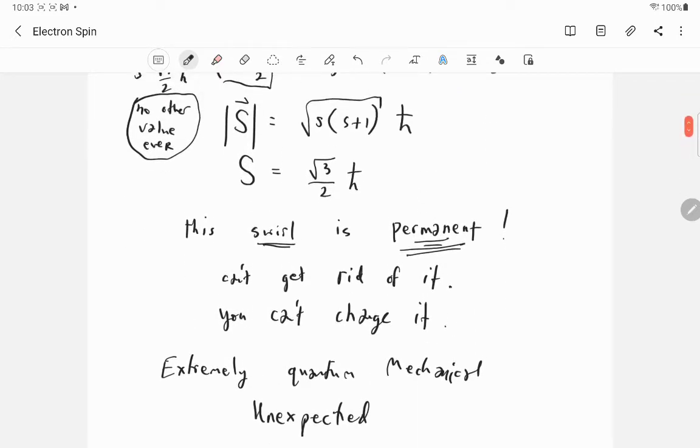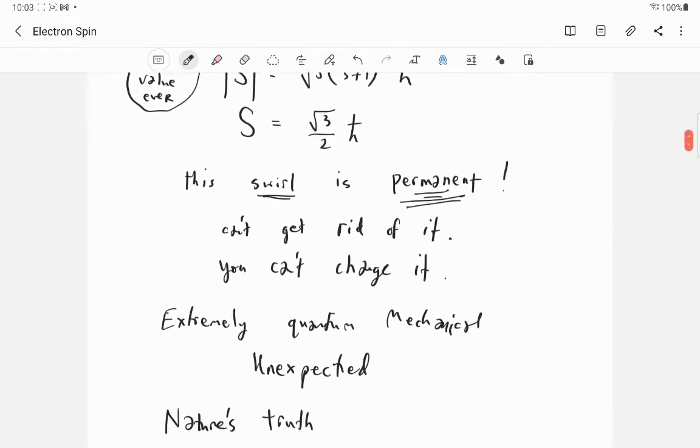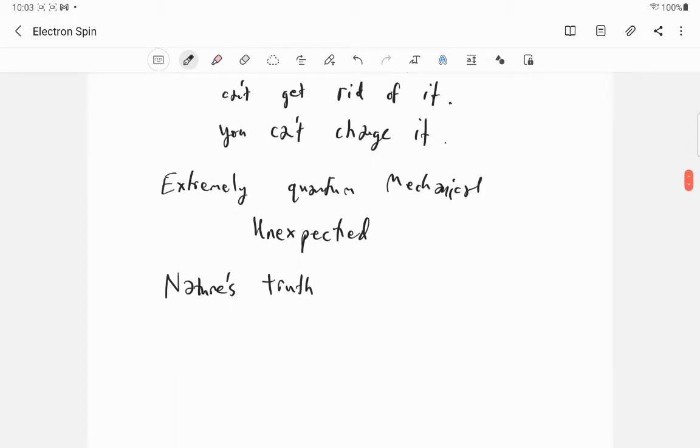Notice that we're talking about the magnitude of this type of angular momentum. But that means that this angular momentum vector is similar to the picture that I drew for you in a previous video for the orbital angular momentum of an atom. This is the z component of the angular momentum.